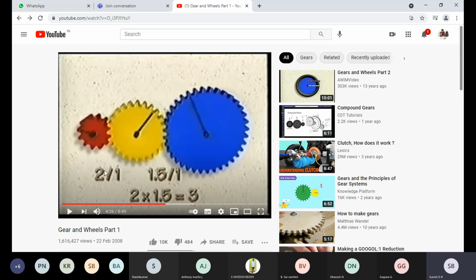That is the gear ratio. Once the larger gear rotates one time, the yellow gear rotates 1.5 times.